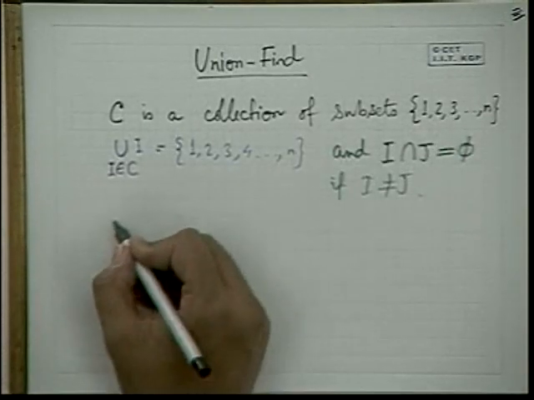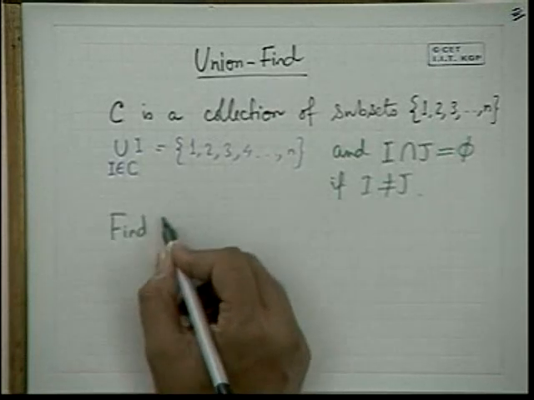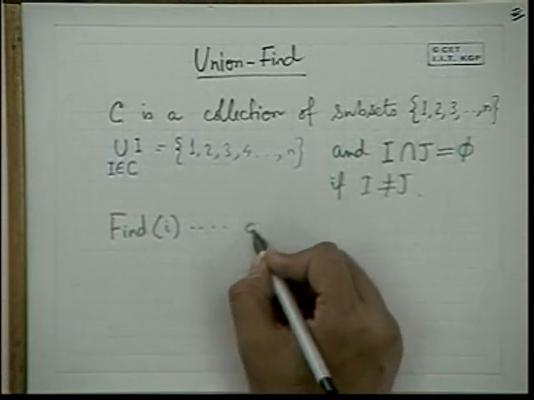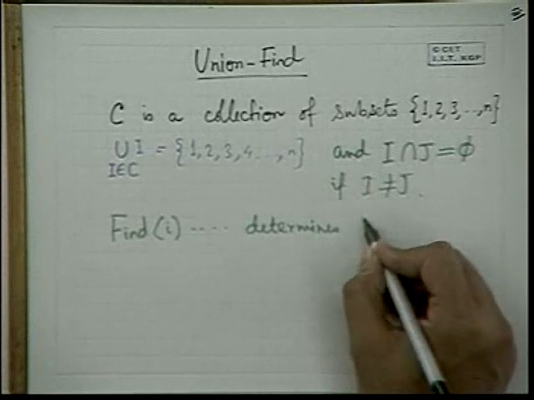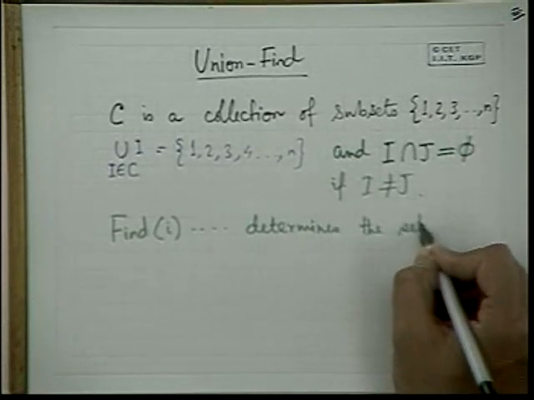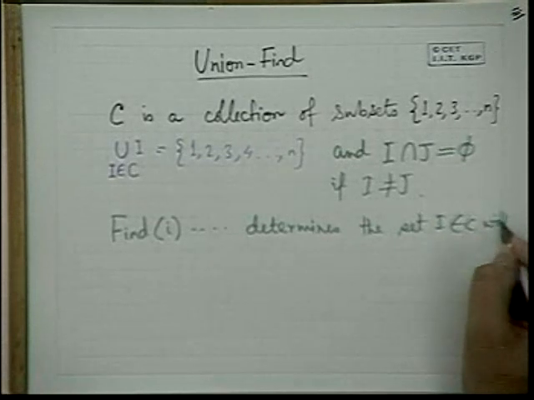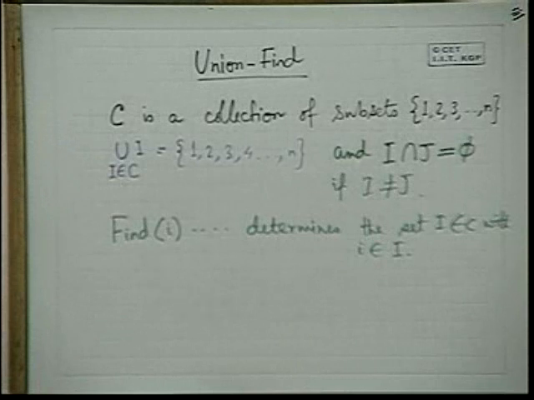So what we are looking for is this: there should be one operation, find. It takes an element i. What is the output? It determines the set I in C with i belonging to capital I. That is the find operation.